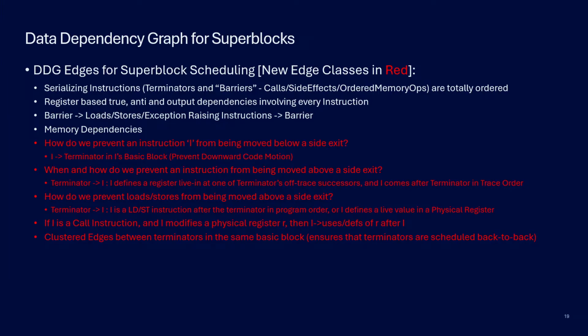What the pre-RA scheduler does is it estimates the register pressure. When moving instructions, it will keep track of how many variables are live. Are we unreasonably increasing the register pressure? That's what it will keep track of.